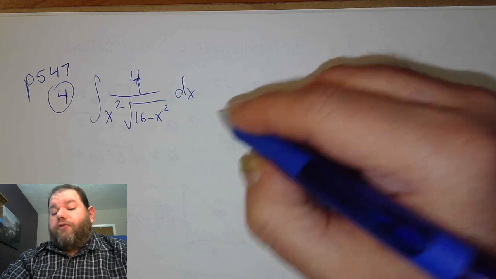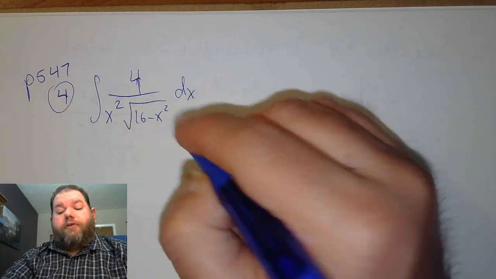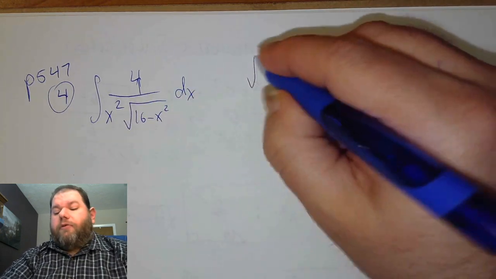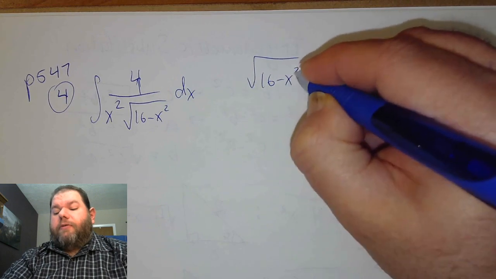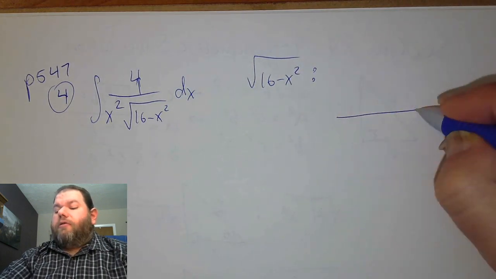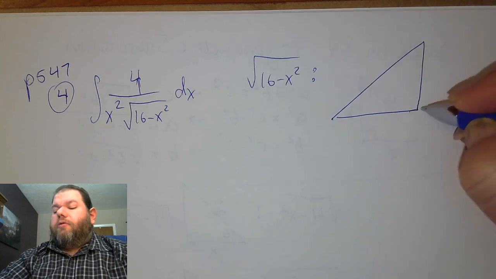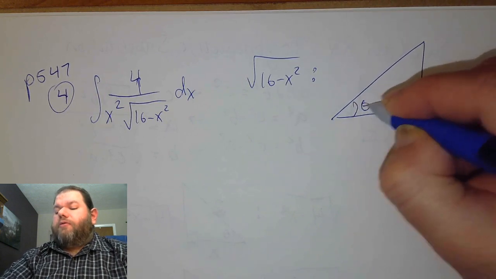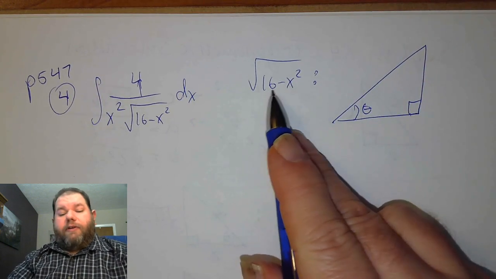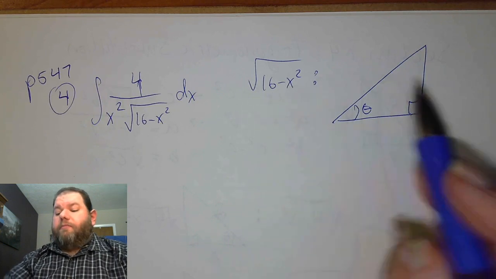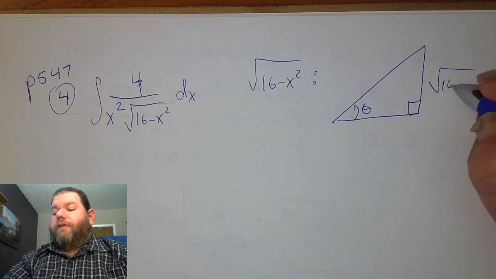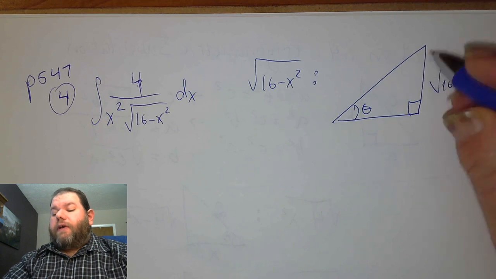We want to create a right triangle, and again, we're focusing on the square root term here: the square root of 16 minus x squared. Create a right triangle. And we said if there's a difference of squares here, we want to make it our right-hand side, our vertical side.